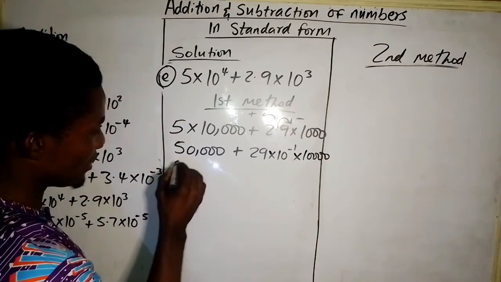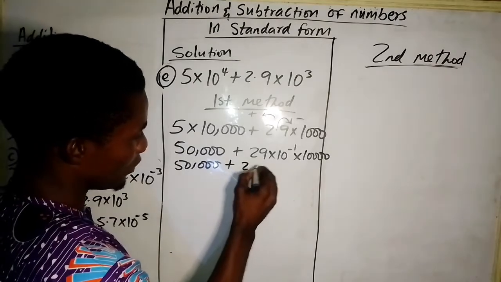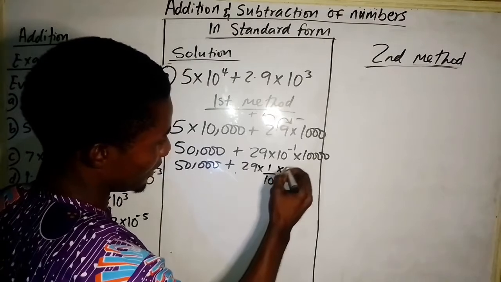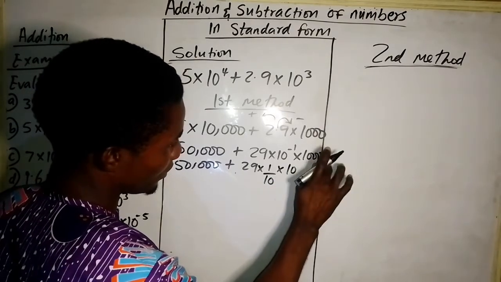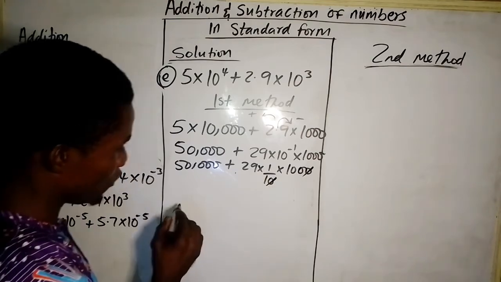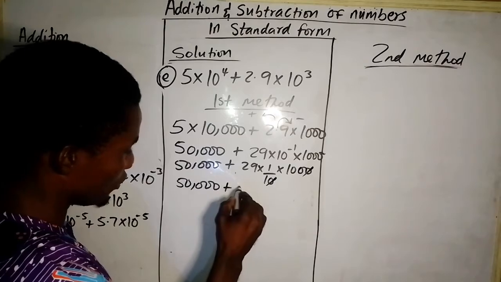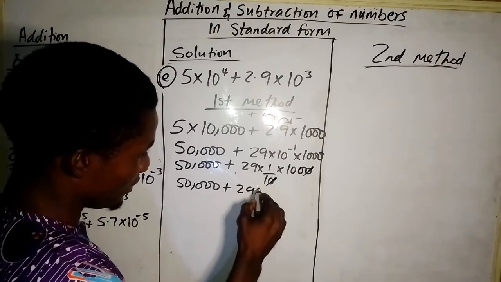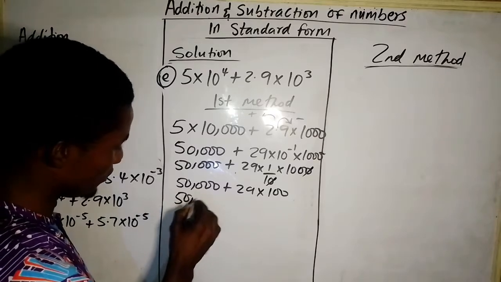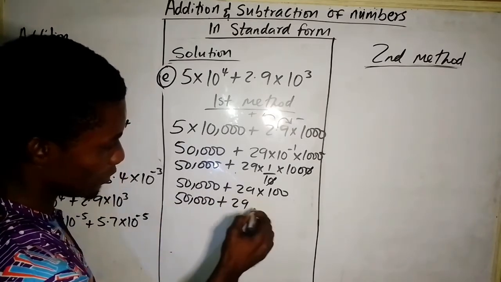So this can be expressed as 50,000 plus 29 times 1 over 10 times 1,000. Now we can reduce this. So we'll have 50,000 plus 29 times 100.